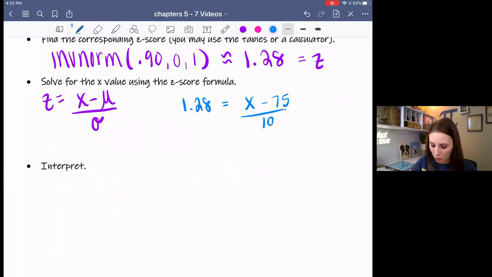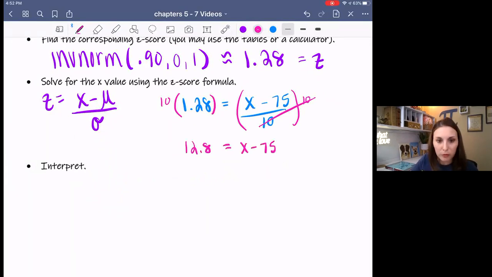To do that, you're going to want to multiply both sides by 10 so that these divide to 1. We'll get 12.8 equals x minus 75. Then we're going to need to add 75. And we get 87.8.